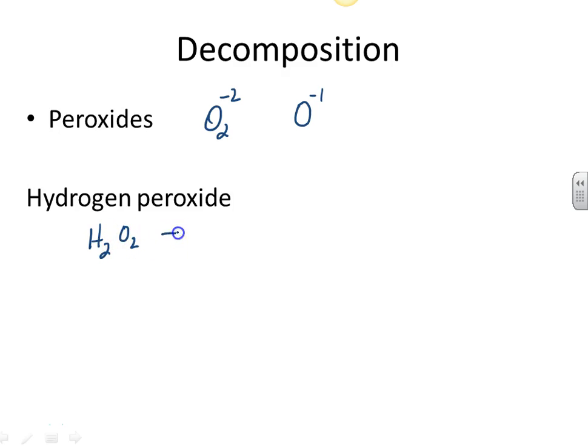Hydrogen peroxide decomposes. Actually, this one decomposes by light. It's the reason hydrogen peroxide is sold in brown bottles, to block the light that causes it to decompose, and it will separate into water and oxygen gas. That's really the only peroxide that you need to worry about knowing about. This is a fairly common one.